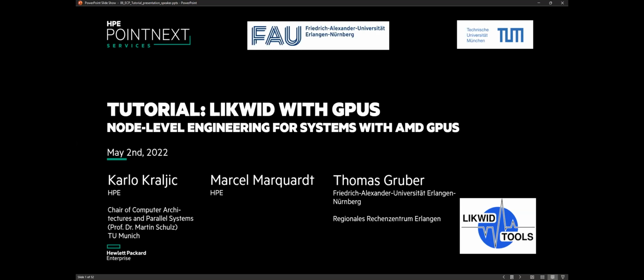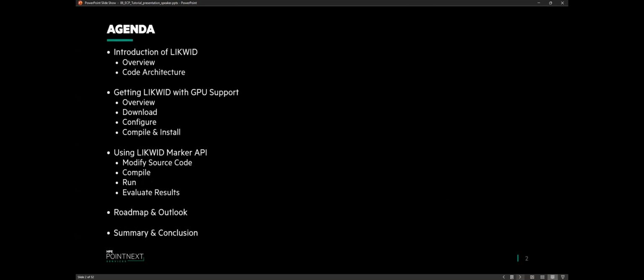For today's talk, I've prepared a small agenda. First of all, I'd like to give you an overview of LIKWID: in general, what is LIKWID, and then a brief overview of the code architecture. The second part is getting LIKWID with GPU support, getting your system prepared to use LIKWID.